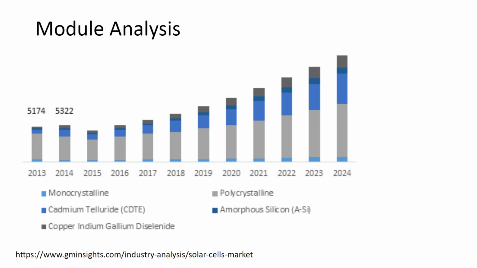There's a big U.S. manufacturer that makes them out of cadmium. Not something you really want to put on your roof in case your building burns down. And then there's another manufacturer that makes what they call CIGS panels, which are copper, indium, gallium, selenium.